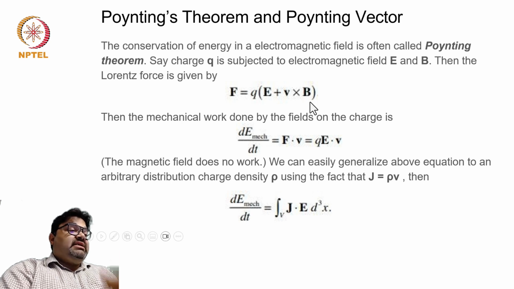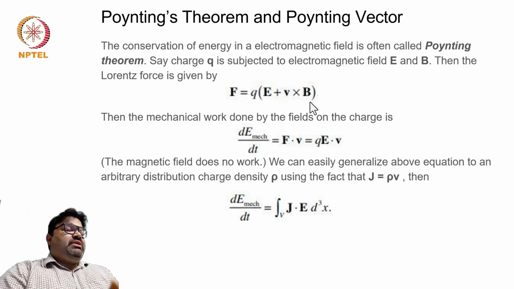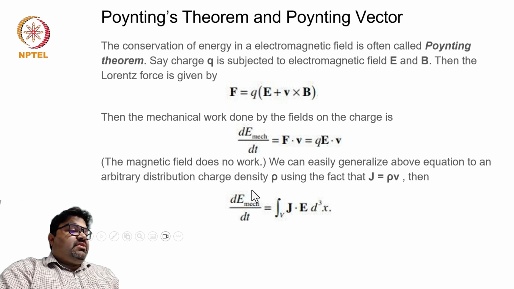Now, from there we want to equate what is the mechanical work done by the fields on the charge Q, then that rate of change of energy is equal to F dot v, or QE dot v. Okay. The magnetic field does no work. We can easily generalize the above equation to an arbitrary distribution of charge density rho using the fact that J is equal to rho v.